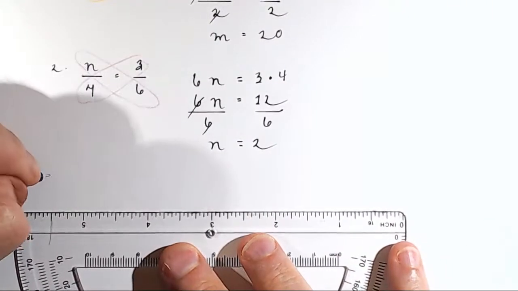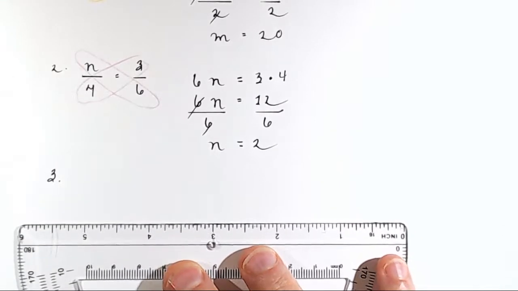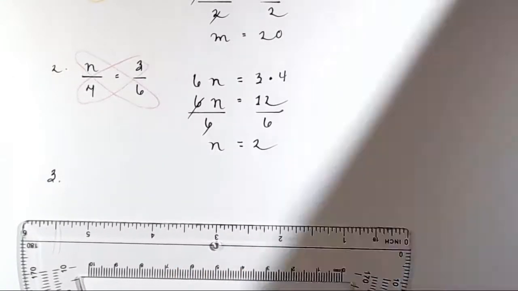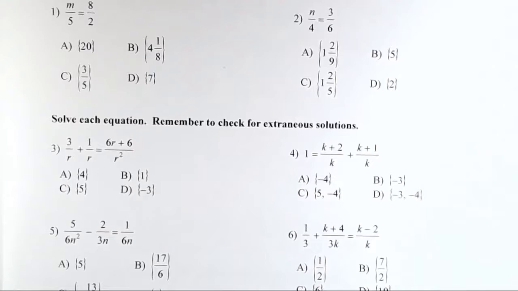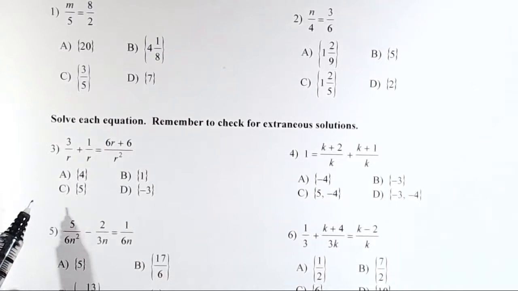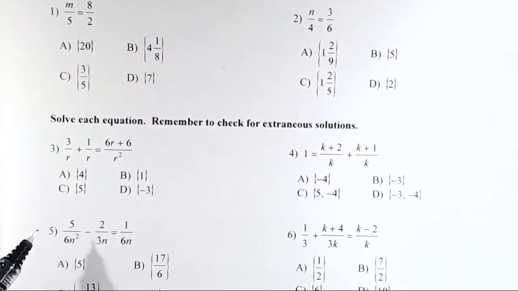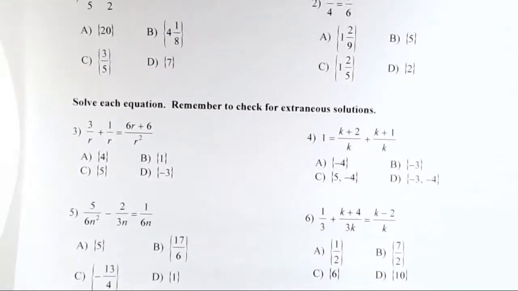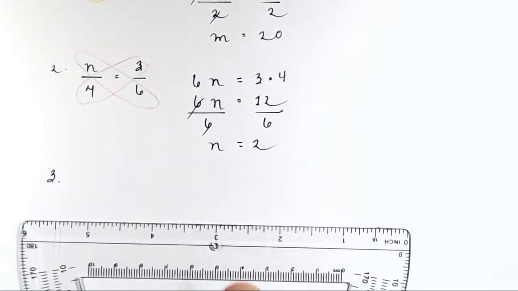Number 3 is new. It says solve each equation. So just take a look at this. This might be something new for you. I'm going to write it down, and we'll work through it.